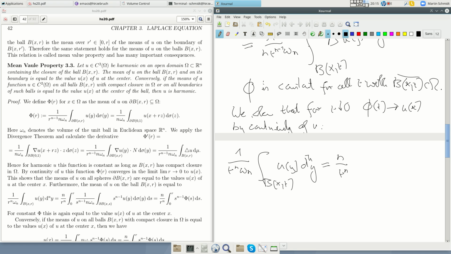So we write this in this way: the integral from 0 to r, 1 over r to the n omega n.